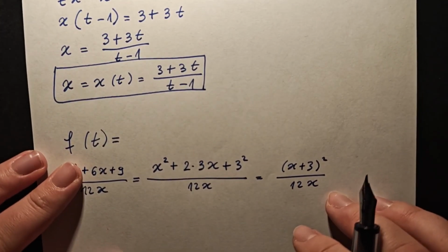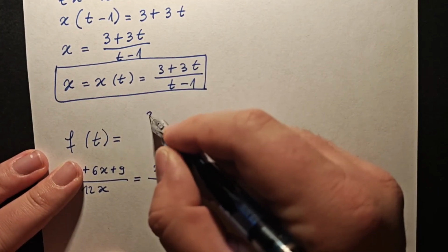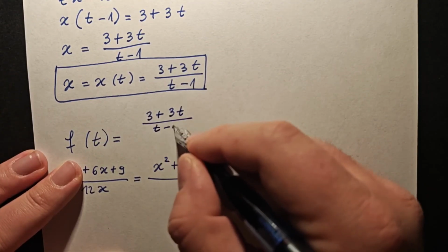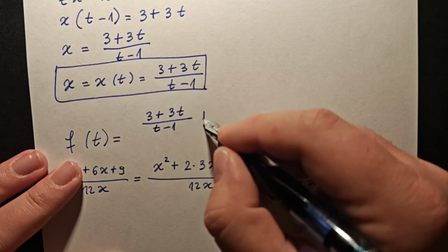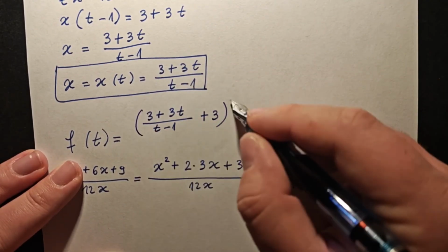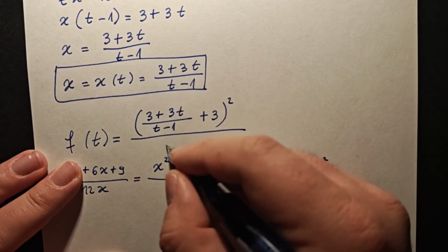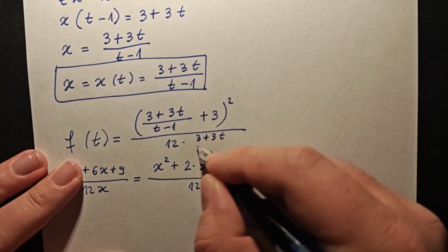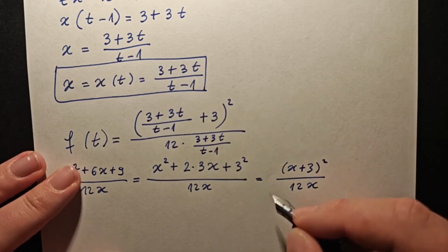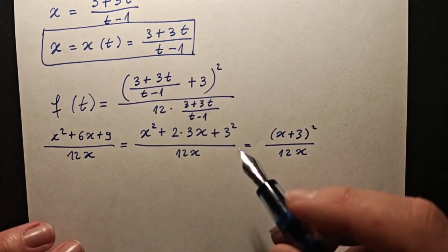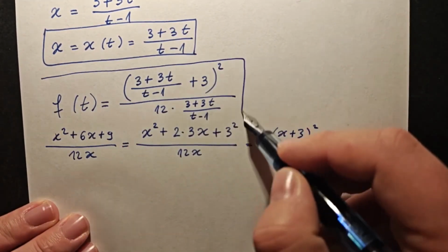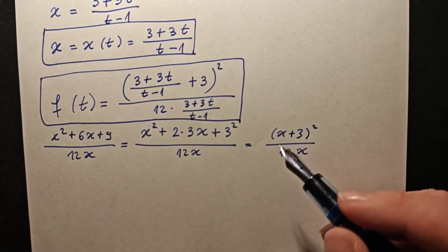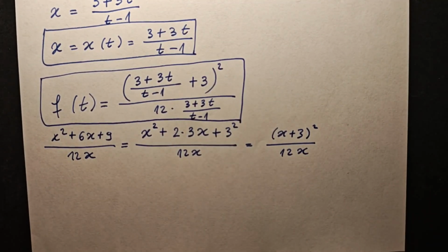f of t then becomes ((3 plus 3t) divided by (t minus 1) plus 3) squared divided by 12 multiplied by (3 plus 3t) divided by (t minus 1). And from this position, we are going to simplify everything that we have on the right side of the equation to find f of t.